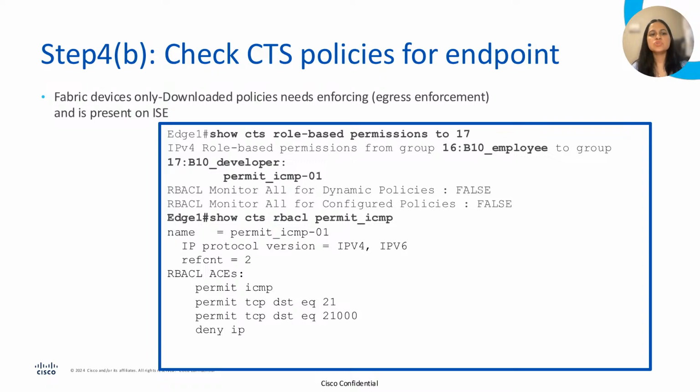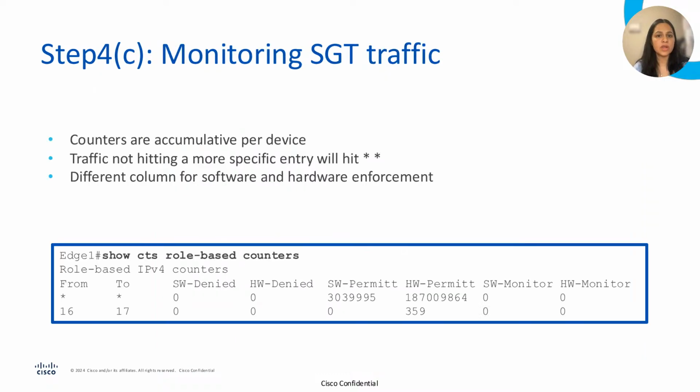The second command is show cts rbacl, which shows the content of the policy itself. For example, here the policy is permitting ICMP and FTP traffic, and it's actually denying the rest. This command is equivalent to the command show access-list that we use in a traditional network. But for SDA, you can use show cts role-based access-list. So that's how we can check the CTS policies for the endpoint.